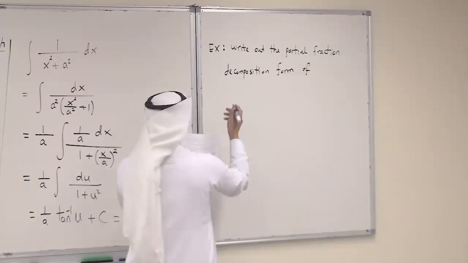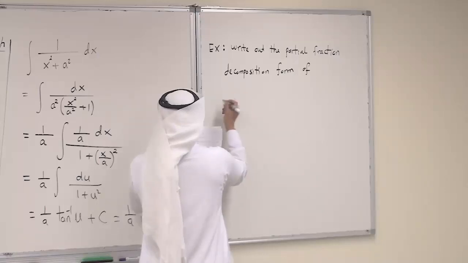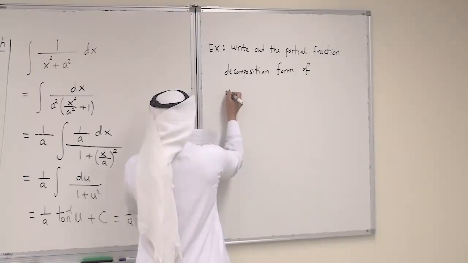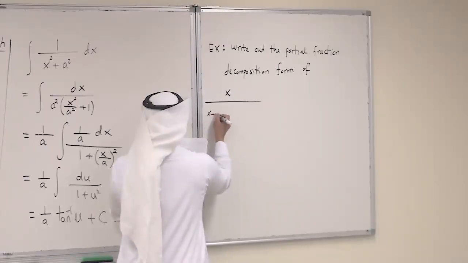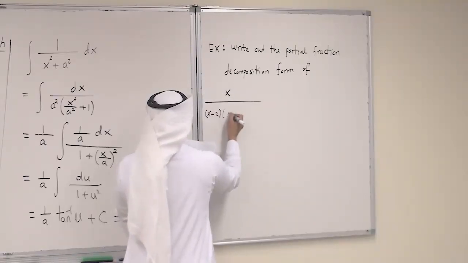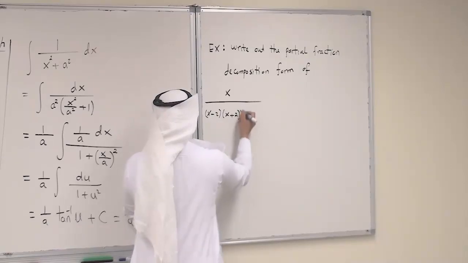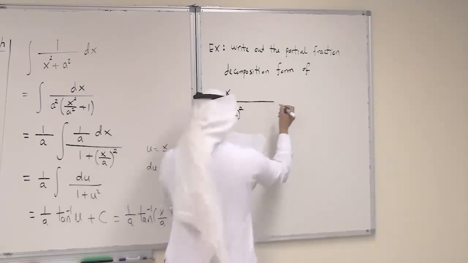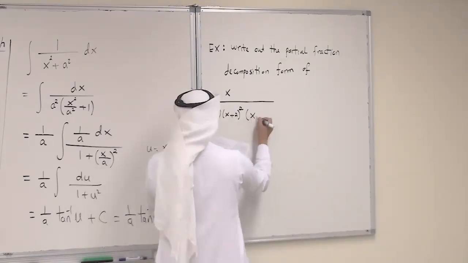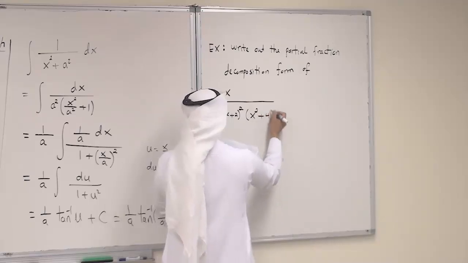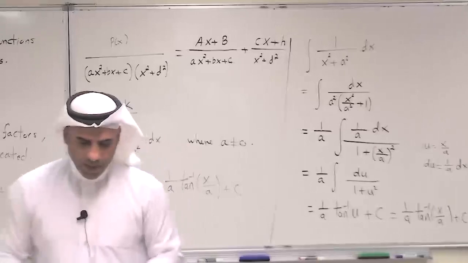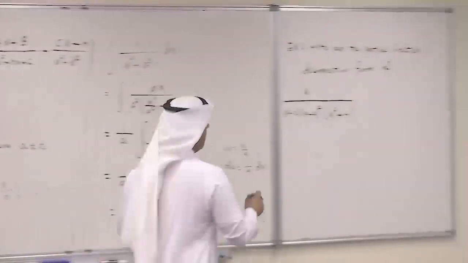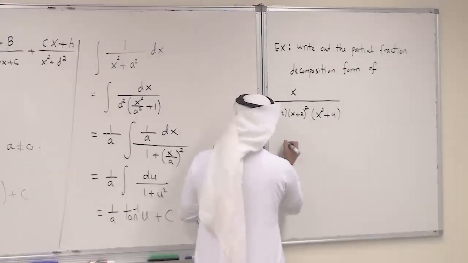Now, just to combine the ideas we did, let me write something like this. X divided by something like, for example, x minus 2, x plus 2 all squared, let us say like this. And then I have here x squared plus 4, okay? The three cases we did, actually. Let's come and see.